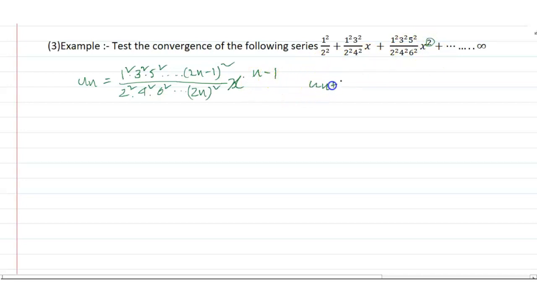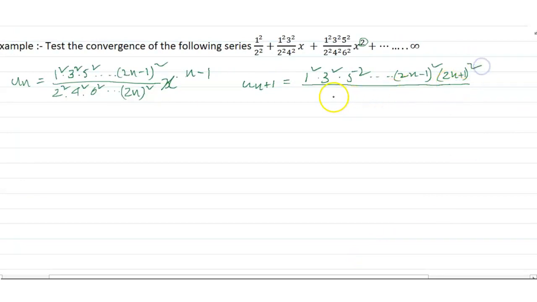And u_{n+1} can be written this way: 1 square, 3 square, 5 square, up to (2n minus 1) whole square, into (n plus 1) as I add, so it is (2n plus 1) whole square, and 2 square, 4 square, 6 square, up to (2n) whole square into (2n plus 2) whole square, into x to the power n.